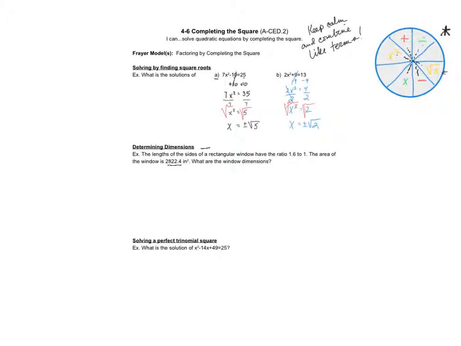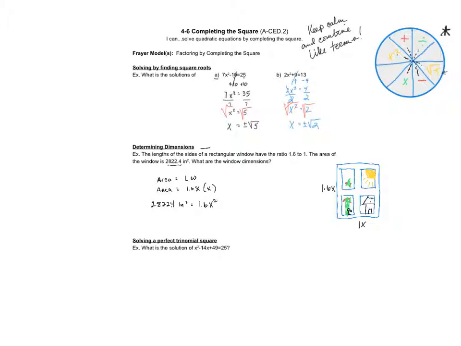Let me do a quick drawing. There's my window. I've got Isaac Newton sitting underneath an apple tree in front of his house. It tells me that this window has a ratio of 1.6 to 1. It doesn't tell me what the ratio value is, so given this unknown, I know that would be 1.6x to 1x.